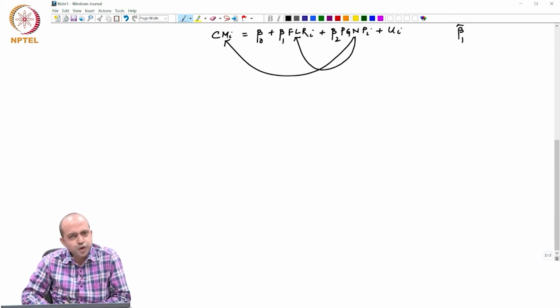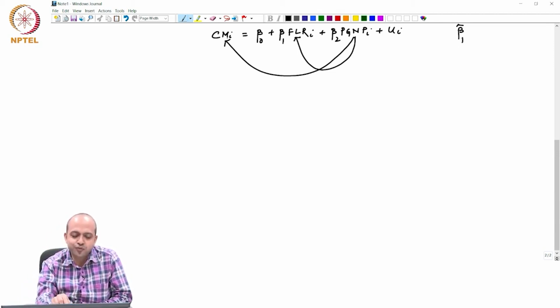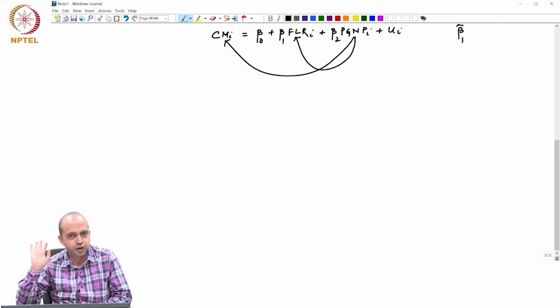So, if we want to get the net impact of FLR on CM, then what logically should we do? Logically, we have to remove the impact of PGNP from both CM as well as FLR, which is quite simple to understand. We want to get the net impact of FLR on CM.